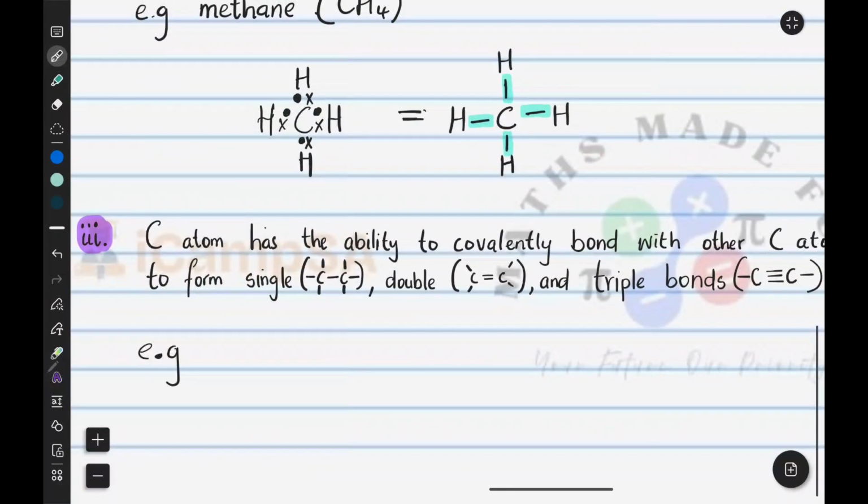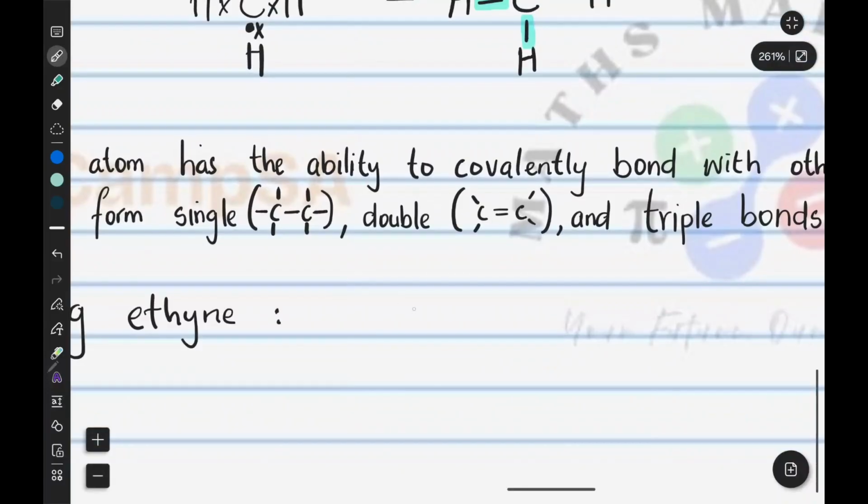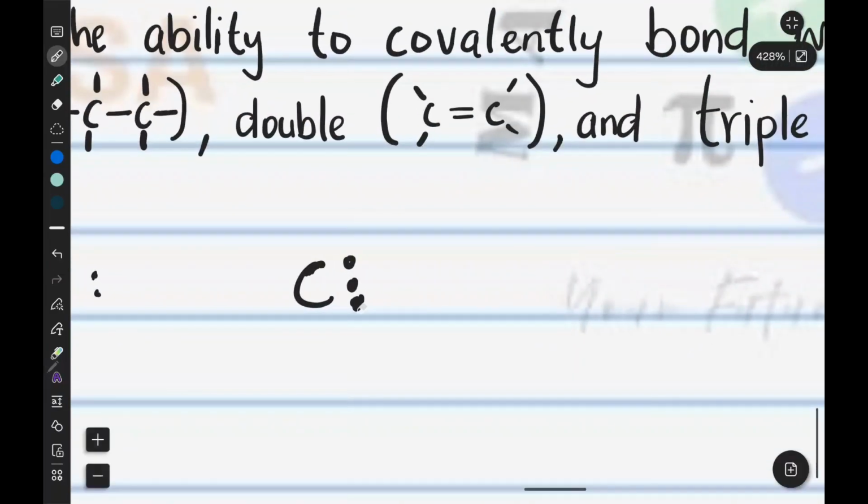A great example would be ethyne, an organic compound called ethyne, right? What happens there is you find this carbon being covalently bonded with another carbon atom, and then there are hydrogen atoms that are covalently bonded to the carbon atoms. So you find something like this.